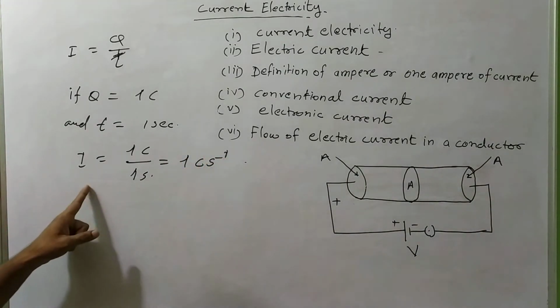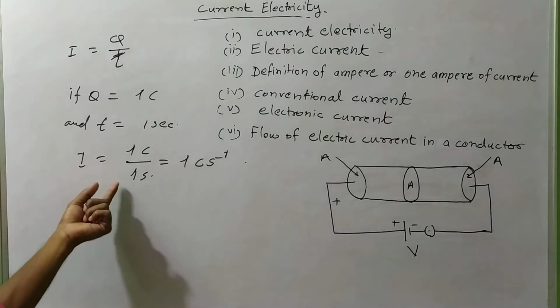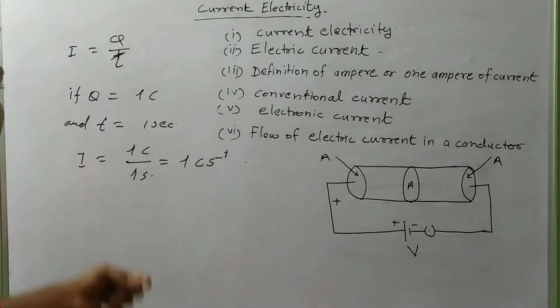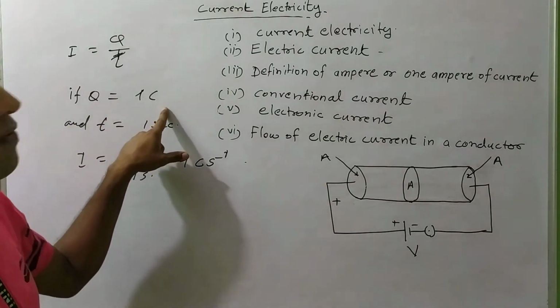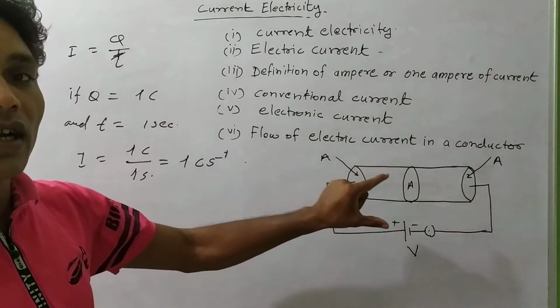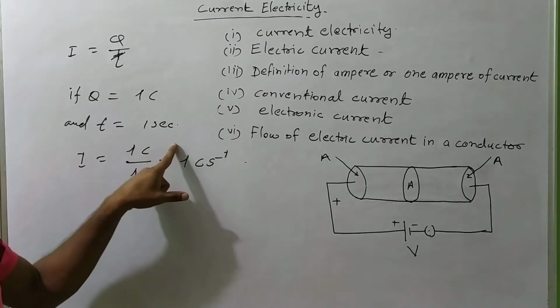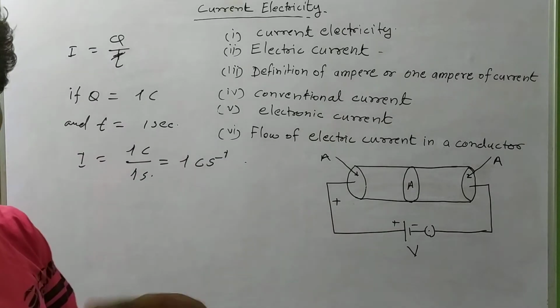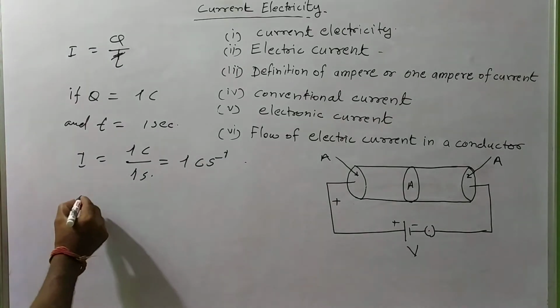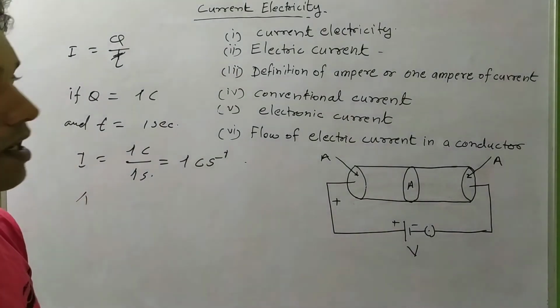The definition is: when 1 coulomb of charge flows through the conductor for 1 second, it is called 1 ampere of current.